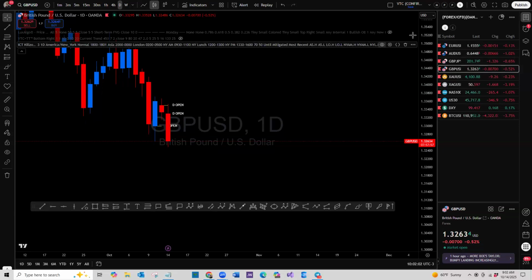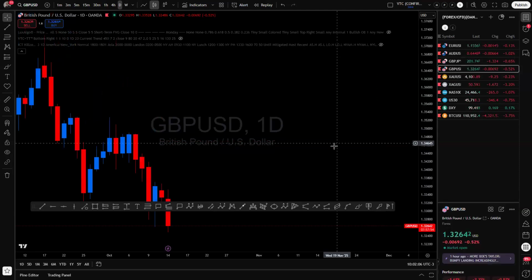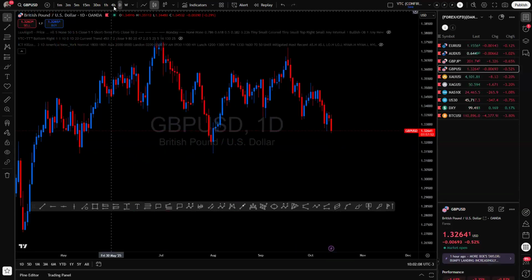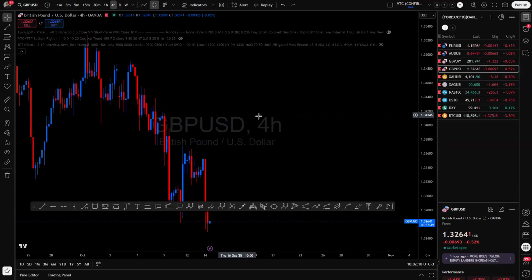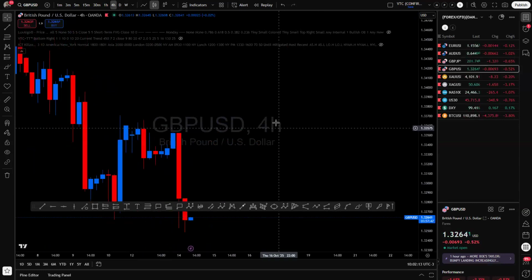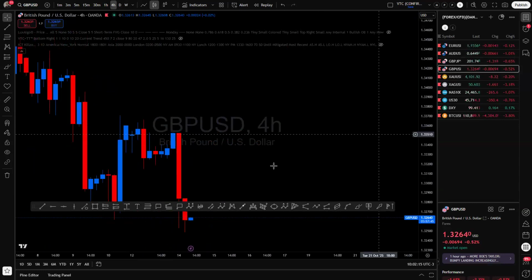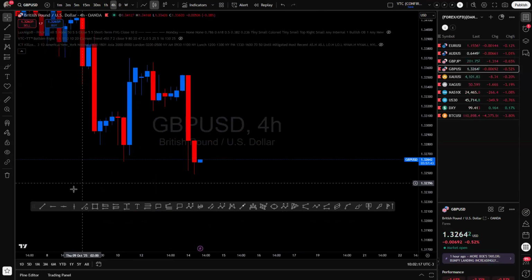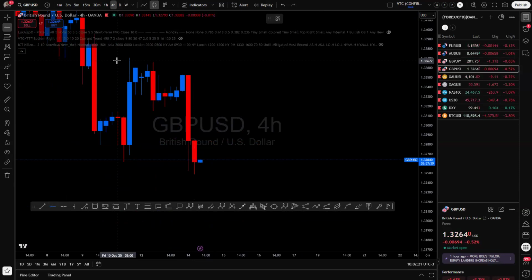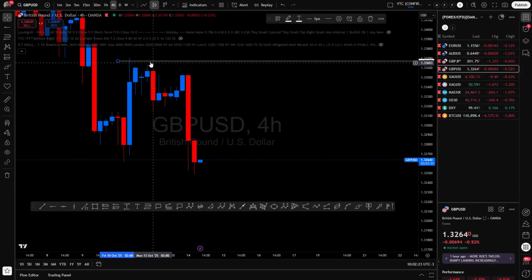So now what we're going to do is go to the 4 hour. We're going to mark up buy side and sell side liquidity and mark up our 4 hour fair value gap. We can see that there was some buy side liquidity up here.